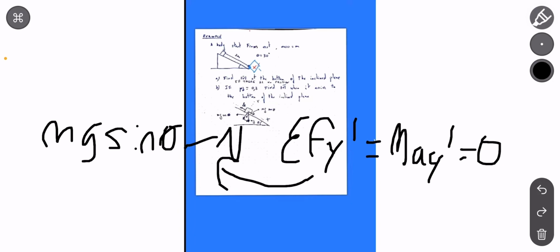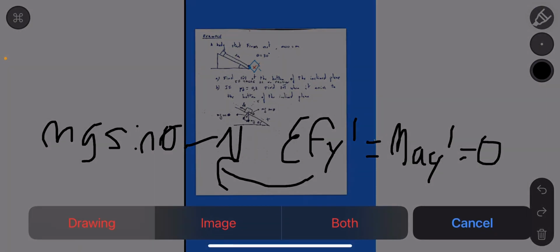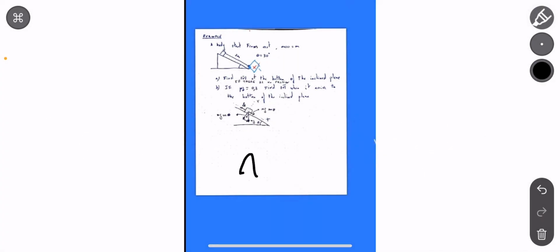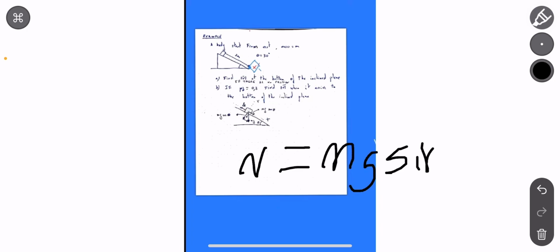We can't forget that part. After we work that out, we'll eventually be left with the equation we need for number 4, which is mg sine theta. And after we get that, we would plug this back into this equation.